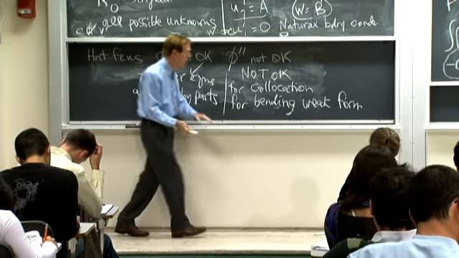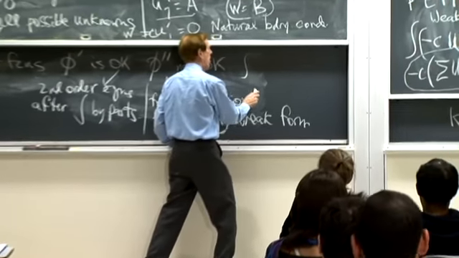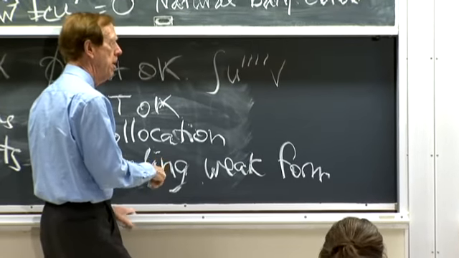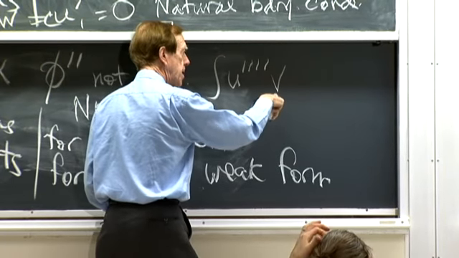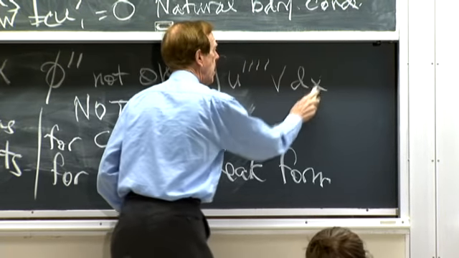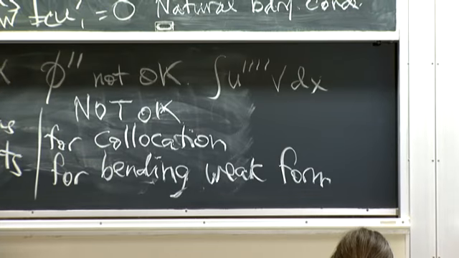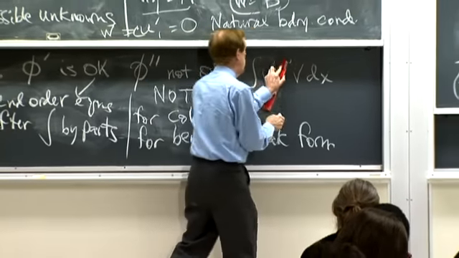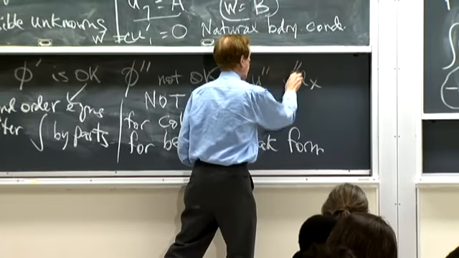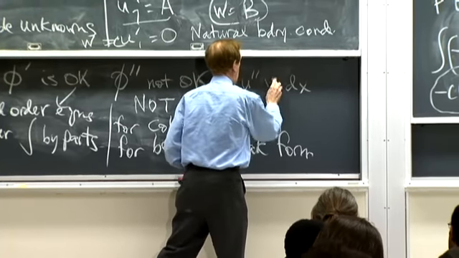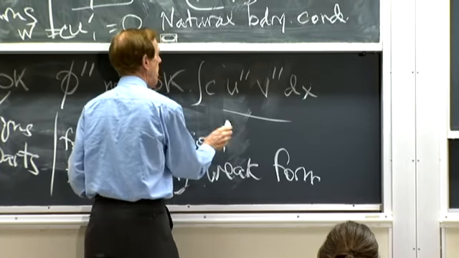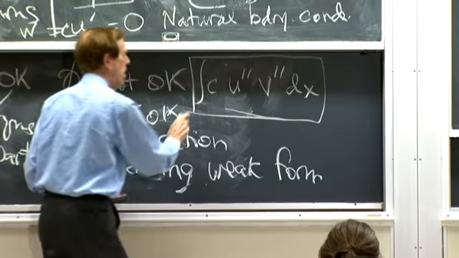When I integrated by parts twice, you remember, I had u fourth times a v, times a test function dx, and my idea, so really we're seeing it here for the first time, was to do two integrations by parts, get two derivatives off of u, put them onto v, and maybe there's a c of x in here too. This was our integral to be done.